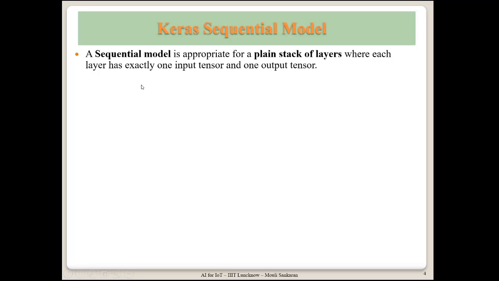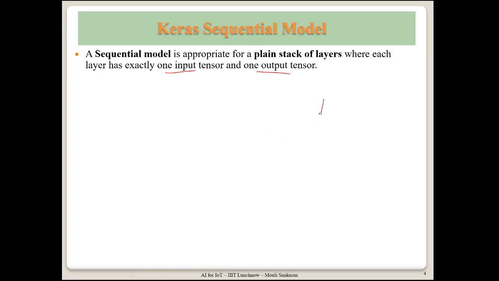It is a type of model that you can create. The Keras API documentation says that this model has exactly one input tensor and one output tensor, but it is not really true.